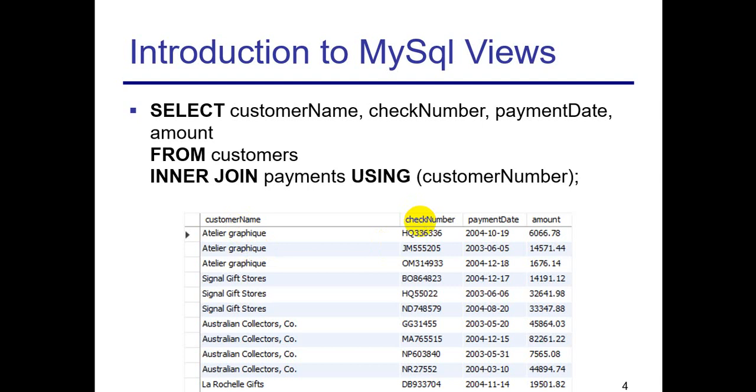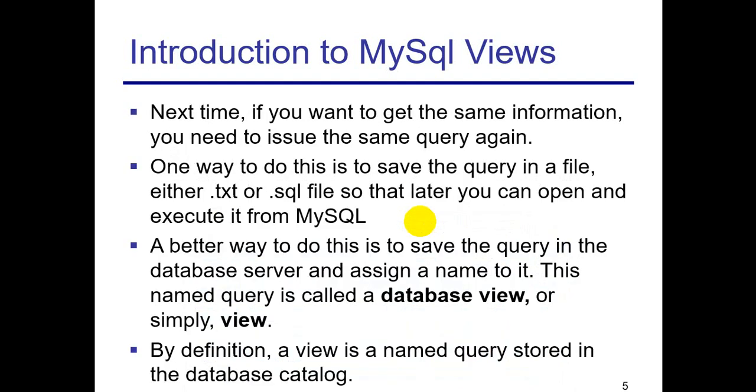Just suppose that we have written this query, and after a week or a few days we again want to write the same query. What should actually be the procedure? If you want to get the same information next time, you can create a text file or SQL file and store this query in it, and whenever you want to execute the query, you can just copy and paste.